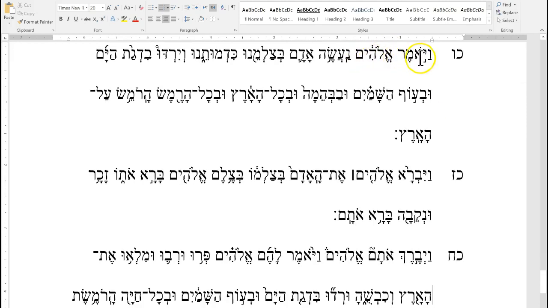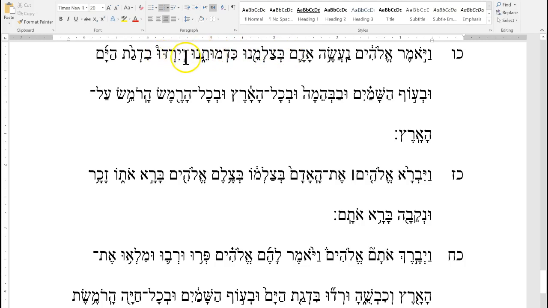Vayomer Elohim, and God said, na'aseh adam, let us make Adam, be'tzalmeinu, in our likeness, let us make in our likeness, kidmutenu, according to our image, according to our likeness.